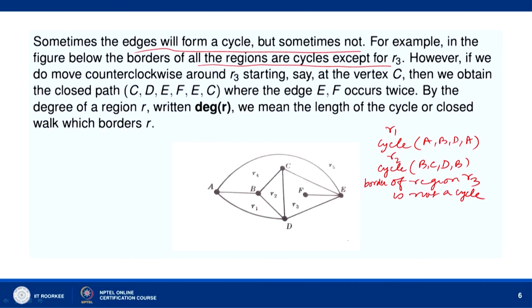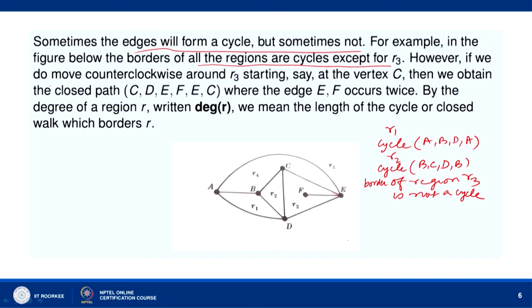While if you take R4, the region is again a cycle, because we can follow AB, BC, CE and then EA. So the borders of all other regions are cycles except R3.